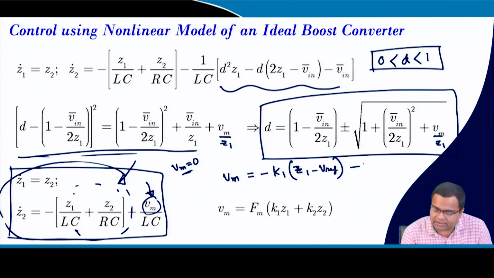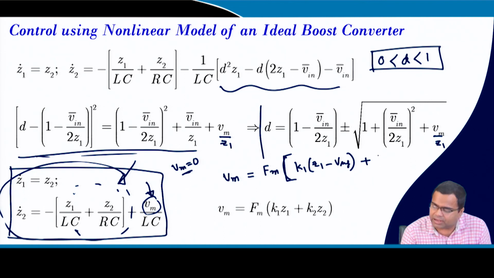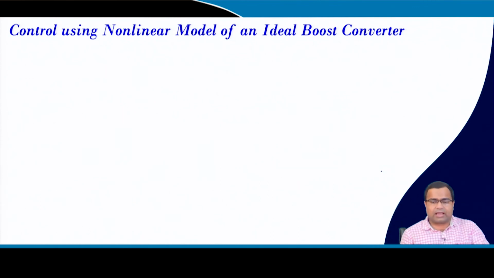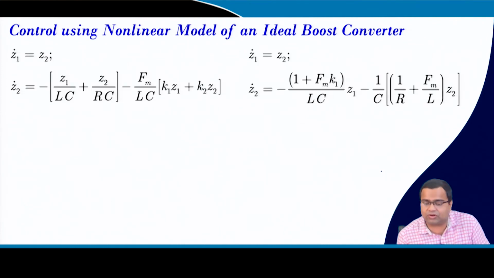Another one will be, just a minute, if we write Vm, there is a modulator gain into K1 (Z1 minus Vref), because Z1 is the output voltage, plus K2 into Z2. Why Z2? Because the derivative of the output voltage should be 0 at steady state in the average sense. And what is the modulator gain? It is as if we are implementing this control logic, and there should be a reference voltage.